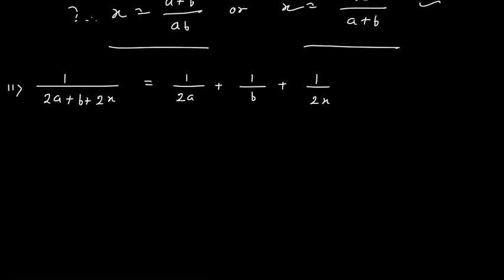Okay, now this is second question. So how we solve this problem? So here also what I will do, this 1 upon 2a I will bring on left hand side. So it is 1 upon 2a plus b plus 2x minus 1 upon 2a, and here on right hand side we have 1 upon b plus 1 upon 2x.